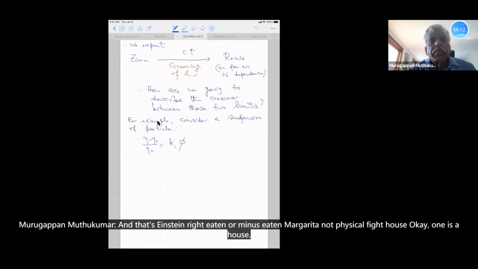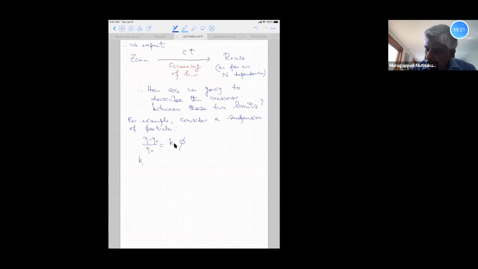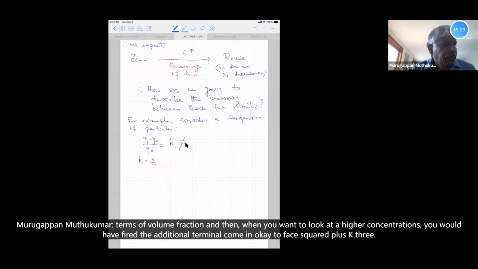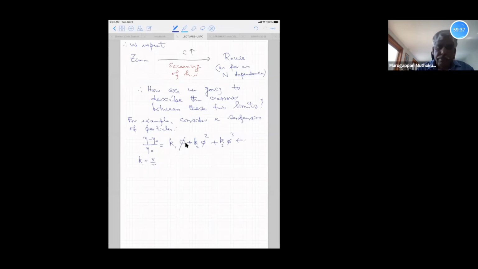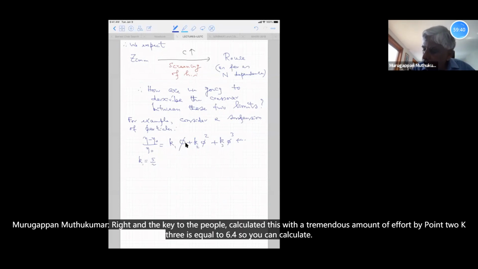That's Einstein: (eta minus eta naught) divided by eta naught is equal to 5 halves. K1 is 5 halves, times the volume fraction phi. And then when you want to look at a little bit higher concentration, additional terms come in: K2 phi squared, plus K3 phi cubed, plus etc. And for K2, people calculated this with a tremendous amount of effort, 5.2, and K3 is equal to 6.4, etc. You can calculate it.